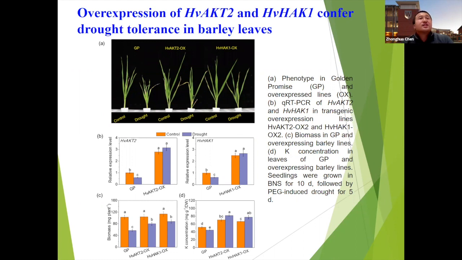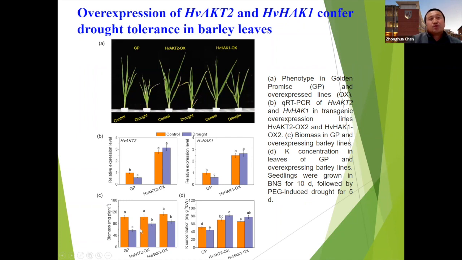So in leaves, again, just for clarity, we're only showing one line, but we have multiple lines of data. Those two genes, you can see in the overexpressing line, are a few times higher than the control, and that significantly increases the biomass under drought conditions.